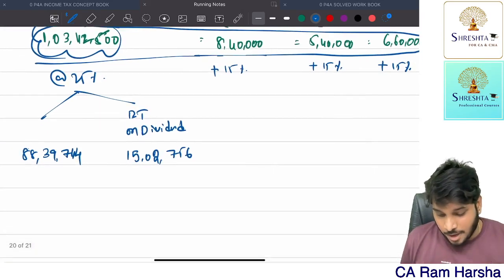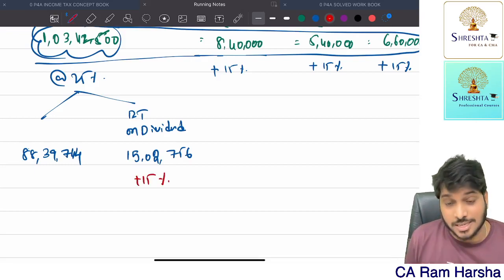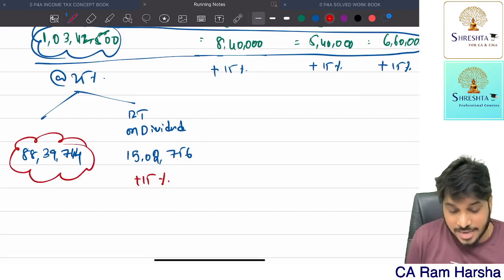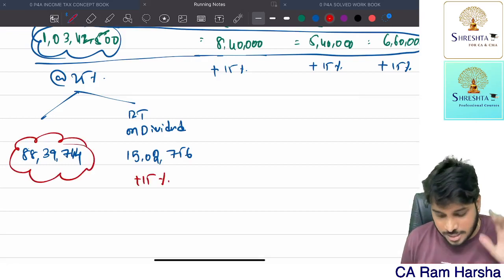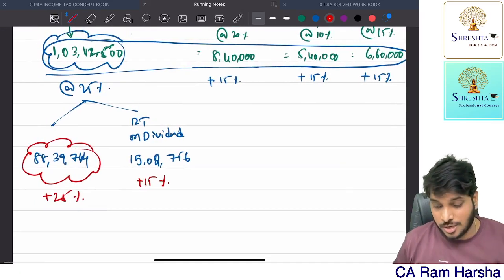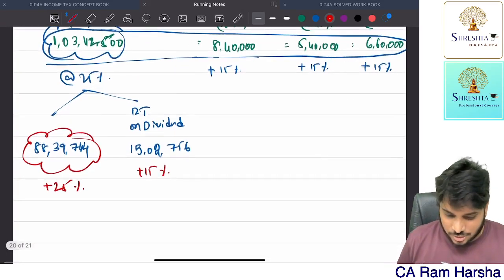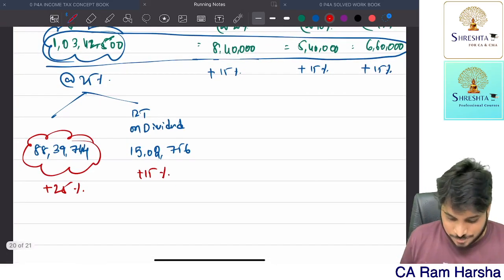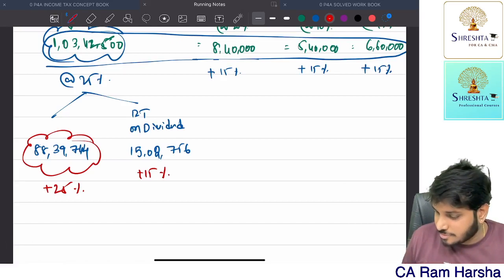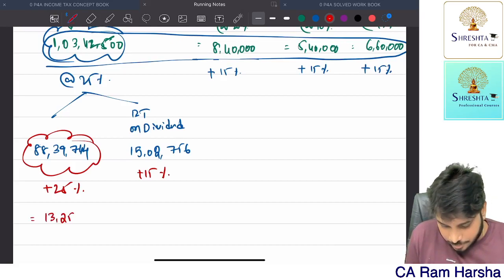Now tell me, on dividend income, what is the rate of surcharge applicable? 15%. Whereas on the remaining basic tax calculated on normal incomes, the surcharge rate applicable is 25%. Now calculate surcharge. 88 lakh 39,744 multiplied by 25% is 22 lakh... surcharge is 13 lakh 25,961.